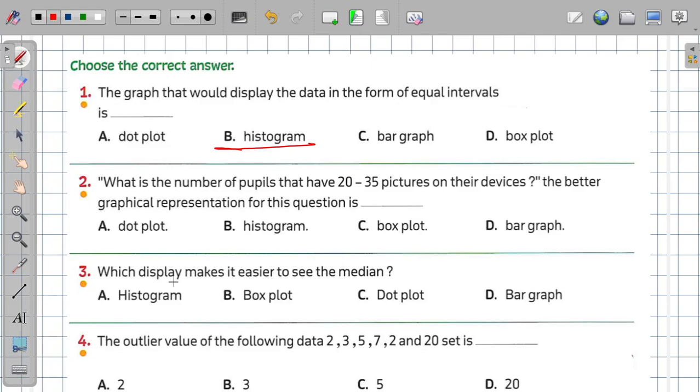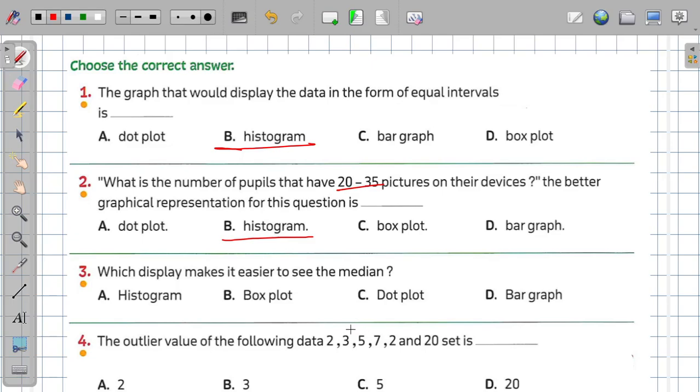Next, what is the number of pupils that have 20 to 35 pictures on their devices? The better graphical representation for this question is what? I think we deal with intervals, so we need a histogram.